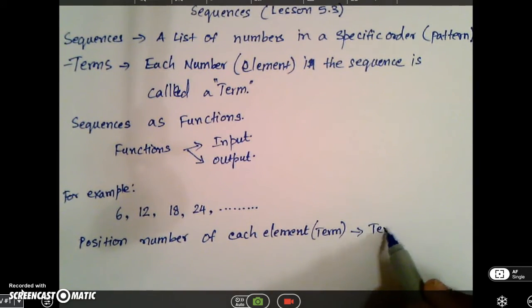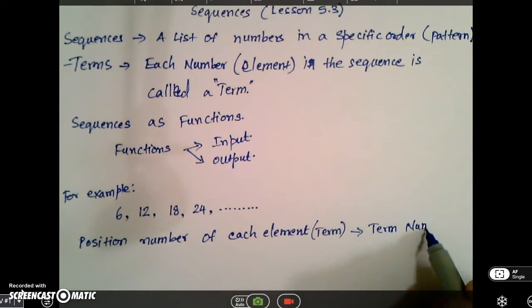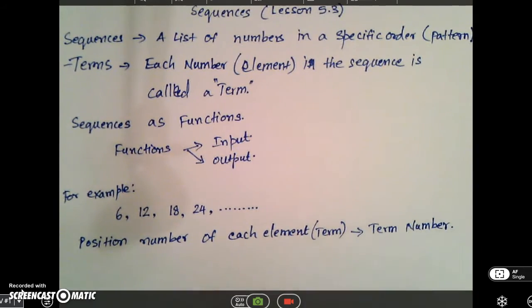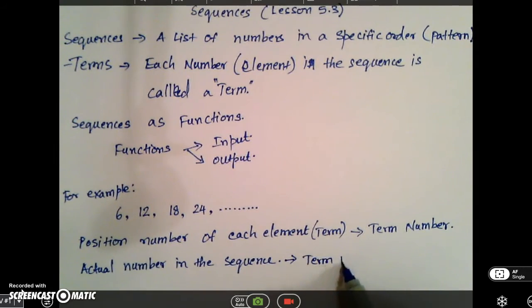We call it the term number. The second thing is the actual number in the sequence, which are these numbers, the 6, 12, 18, 24. It's called the term value.